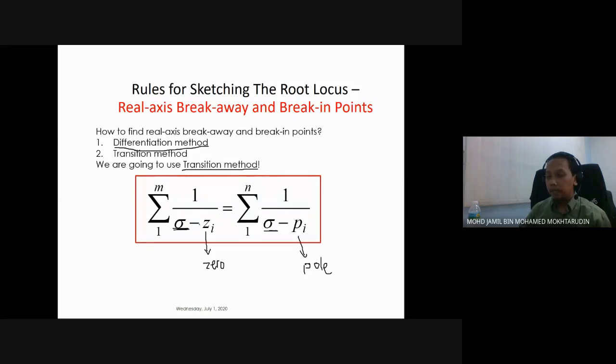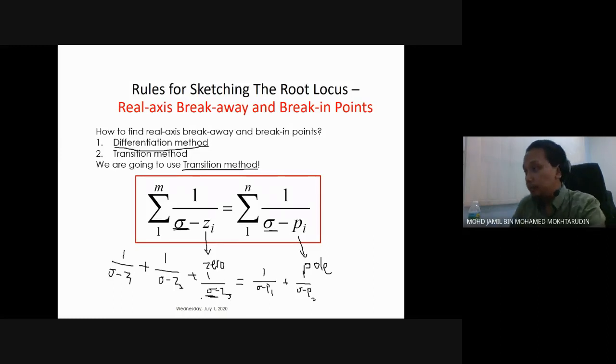If you have, let's say, three zeros, you write 1 over sigma minus the first zero plus 1 over sigma minus the second zero plus 1 over sigma minus the third zero, equals, say you have two poles, 1 over sigma minus the first pole plus 1 over sigma minus the second pole. Then you simplify the equation to find sigma.